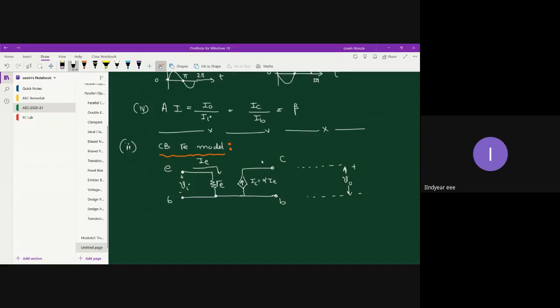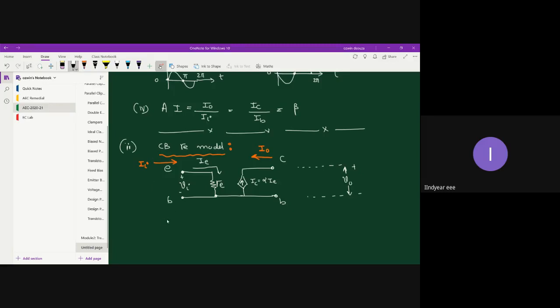Let us also mark the standard two-port network current directions. Inward current Ii, and once again the inward current from the output port as well, let's take it as Io.